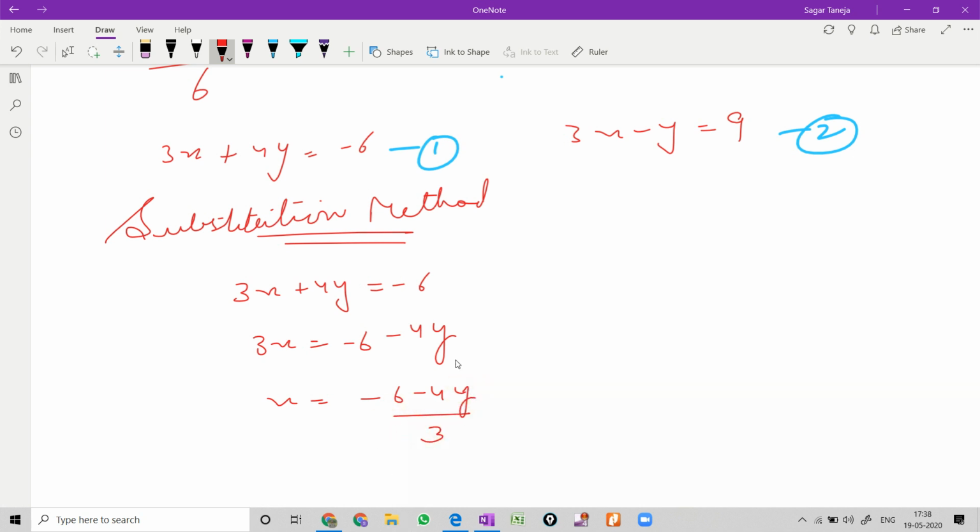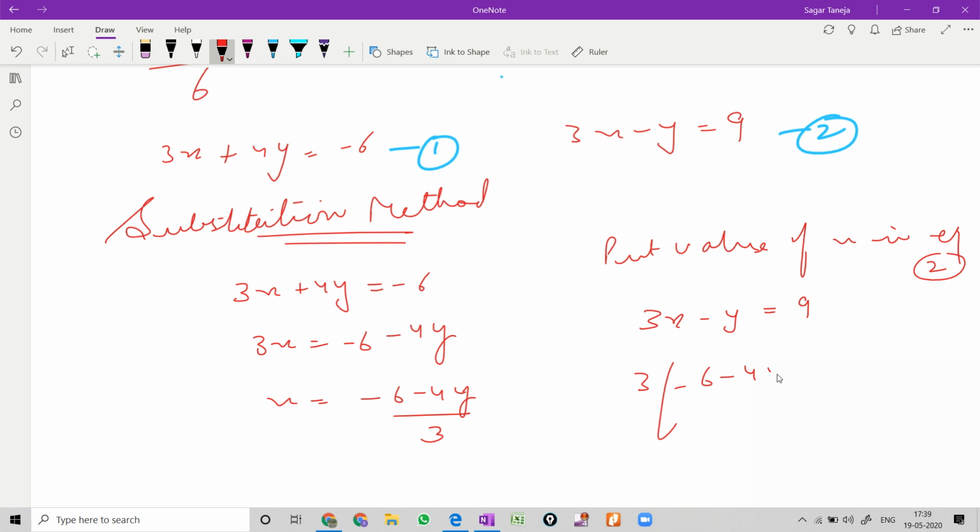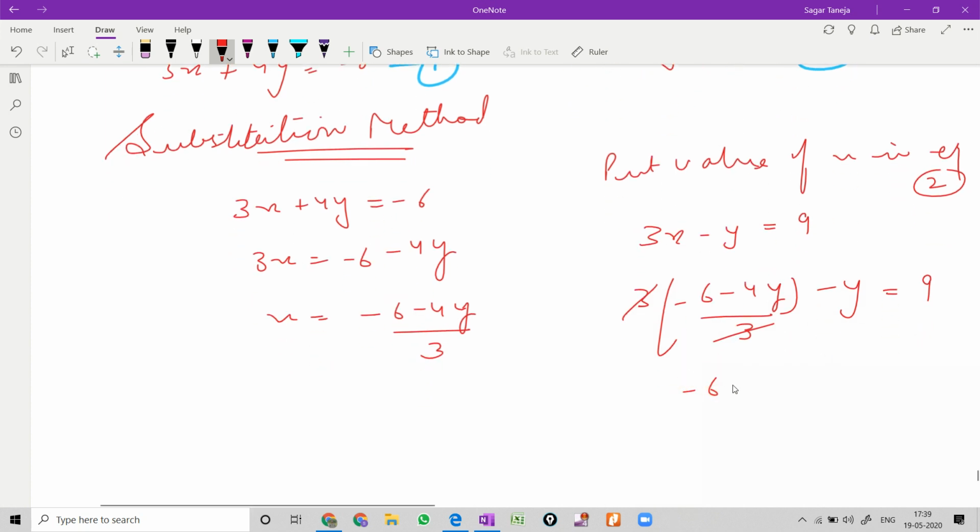Put this value of x in the second equation. Equation 2 is 3x minus y is equal to 9. So 3 into minus 6 minus 4y upon 3, minus y is equal to 9. 3 and 3 cancel out, and this bracket will open here only: minus 6 minus 4y minus y is equal to 9.